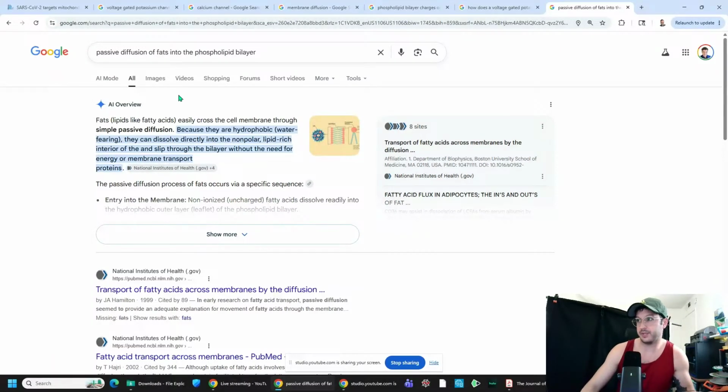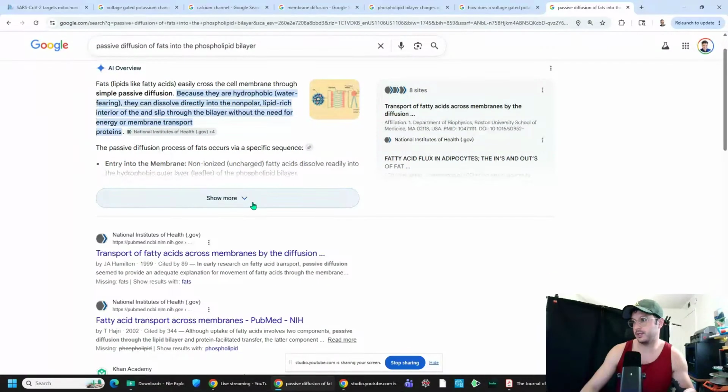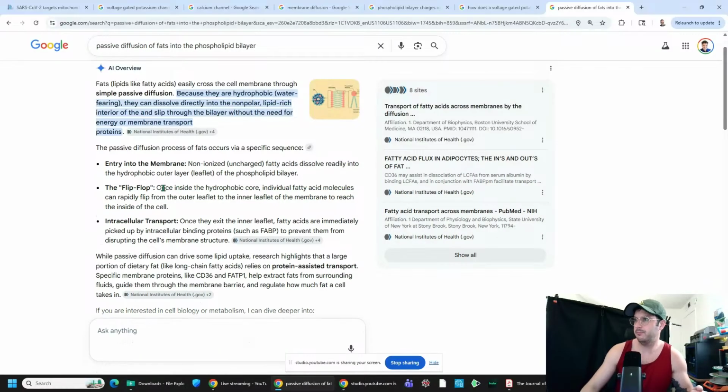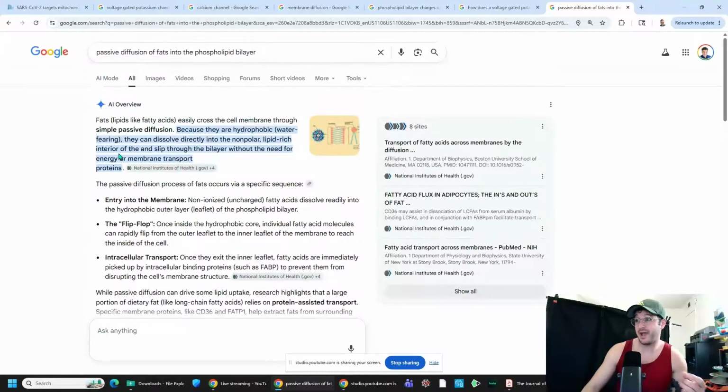But what can happen is that any types of fats, so the phospholipid bilayer is essentially like long chain fatty acids in a way. But they're not really, they're their own unique thing. But because of that, fats can easily cross through the membrane by simple diffusion.